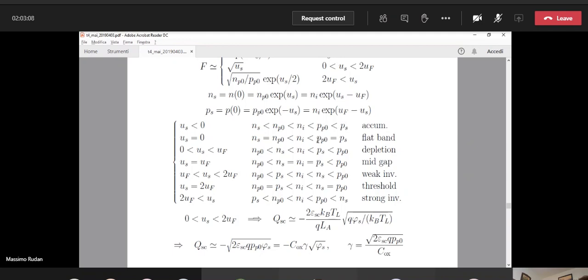Then we make US positive, but not that much, so that US is in between 0 and UF. At this point, it's convenient to consider the alternative expressions, because US minus UF here is negative. That means that NS is smaller than NI, but at the same time, US is positive.